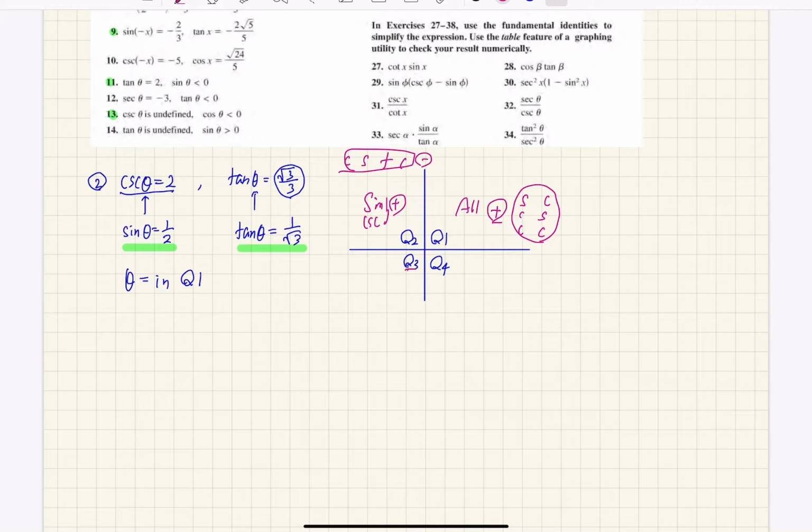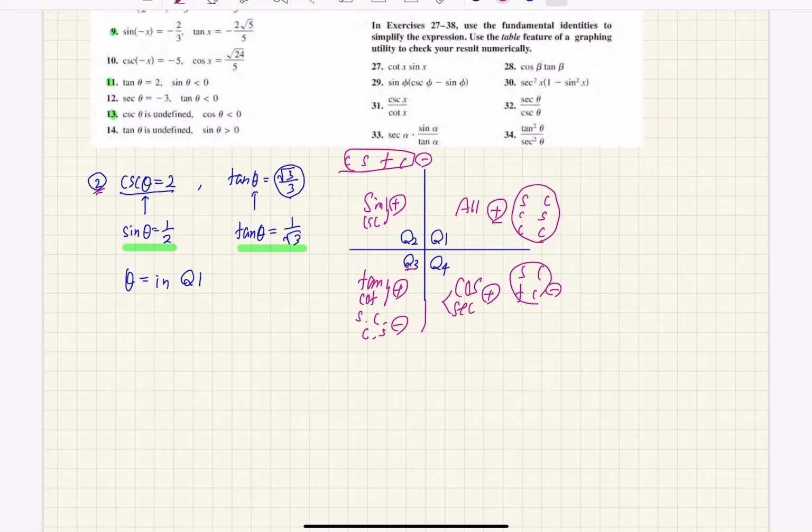In Q3, tangent and its reciprocal cotangent are positive, which means sine, cosine, cosecant, secant are negative. In Q4, cosine and its reciprocal secant are positive. So sine, cosecant, tangent, cotangent are negative in Q4.